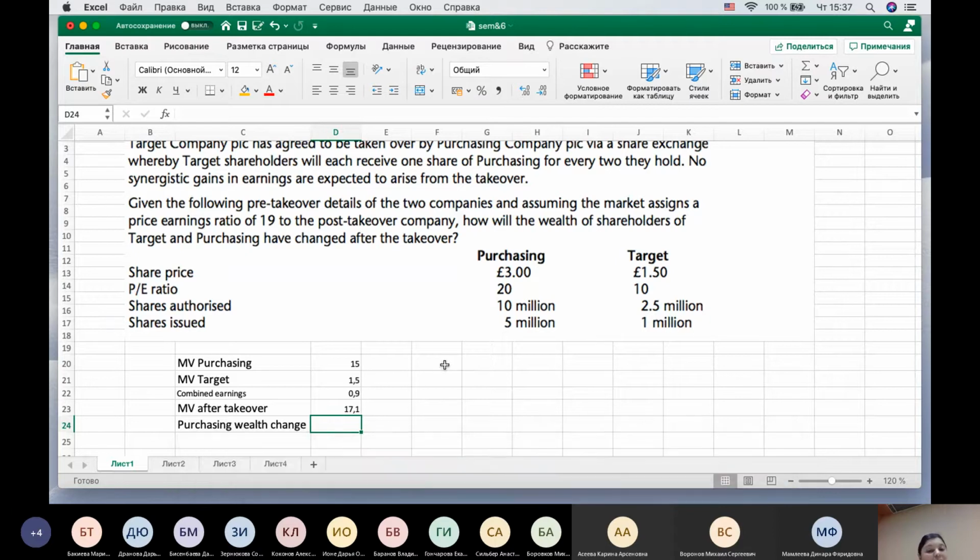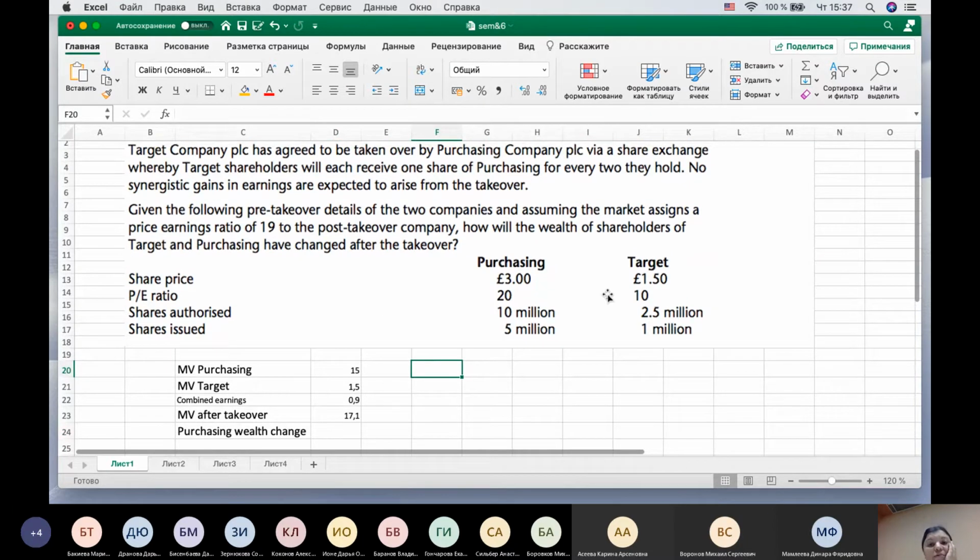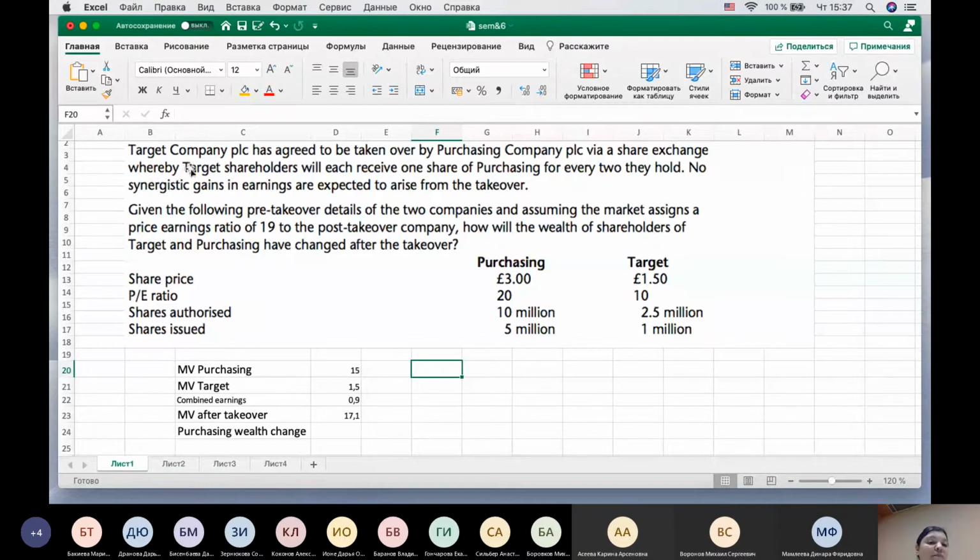It's quite necessary to find a new amount of shares. Let's read the conditions for our amount of shares.